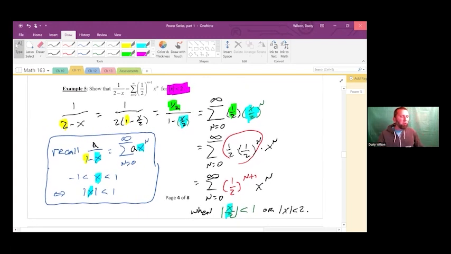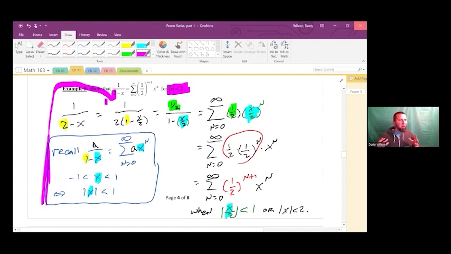So we took the geometric series formula that we were gifted in the last section, and we modified it to account for the 2, kind of like for the fact that the formula we're working with is a little bit different.